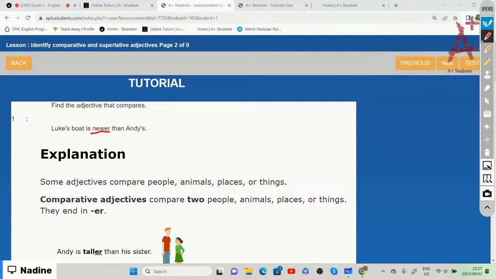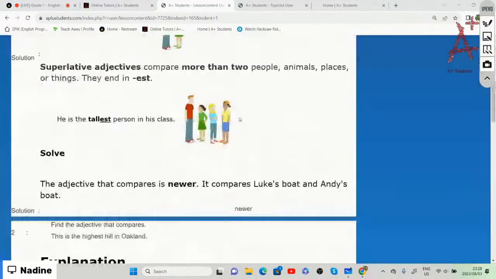It is comparing Luke's boat to Andy's boat, which means Luke's boat is newer than Andy's boat. So this is a comparative adjective. Two boats are being compared, and we call that a comparative adjective.